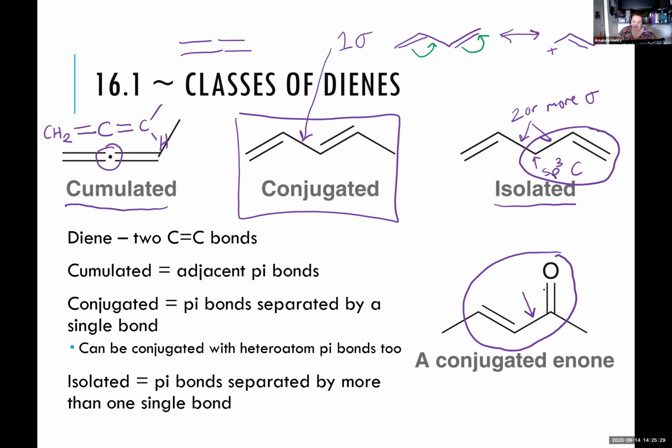The name of this is an enone. Ene because it's an alkene, and one because it's a ketone. So we do that often in organic chemistry. We combine their names. I think it's useful because hopefully it can help you see what it's made of.